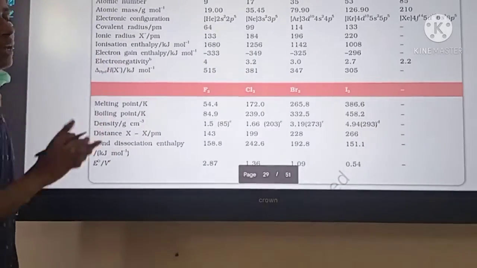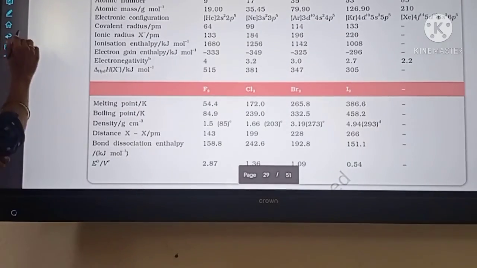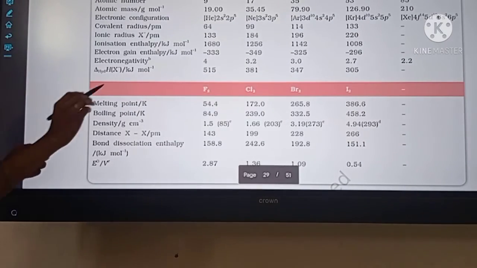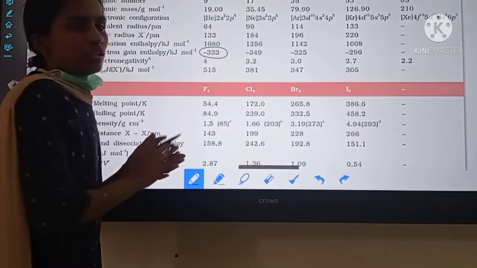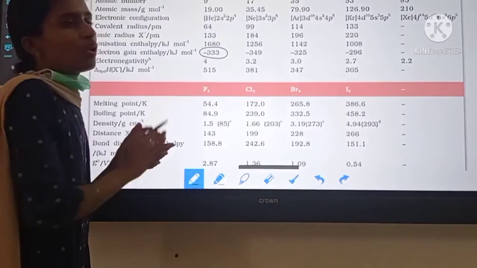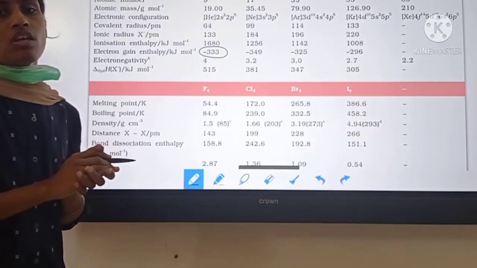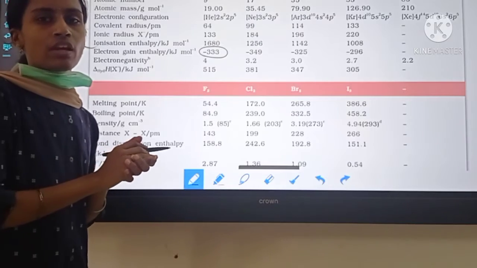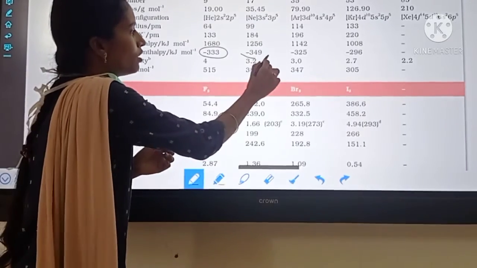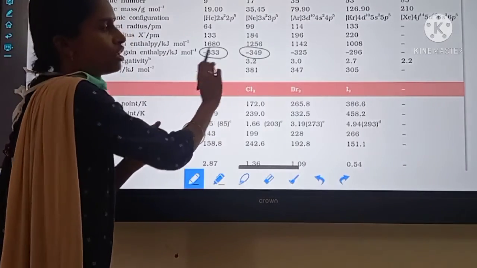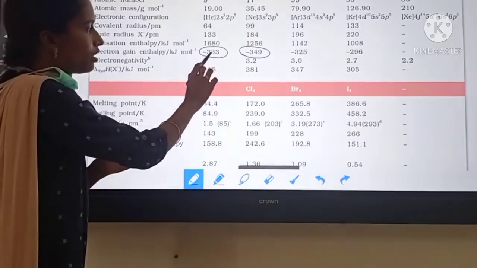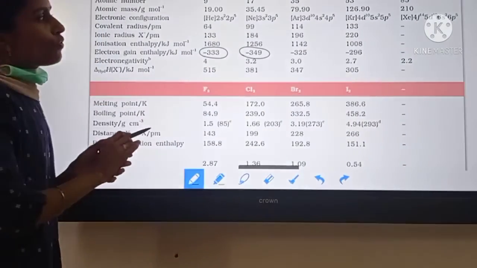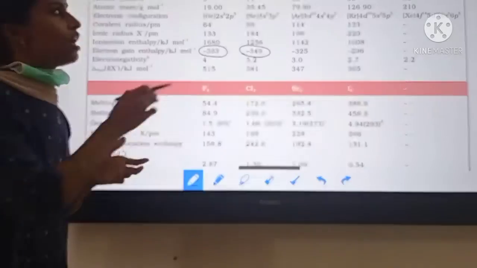Next, electron gain enthalpy. The first element, fluorine, has minus 333 kilojoules per mole, which means energy is released during the addition of an electron. And chlorine has minus 349. If you don't consider the minus sign and compare the magnitudes, chlorine has the more electron gain enthalpy.